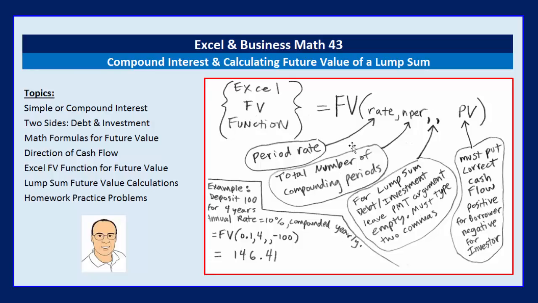This function and the math formula we will learn will help us figure out the future value of some lump sum amount of money that we put in the bank. So for example, if we put 10,000 bucks in the bank at 4% compounded once a year for 10 years, future value will tell us how much we have in 10 years.